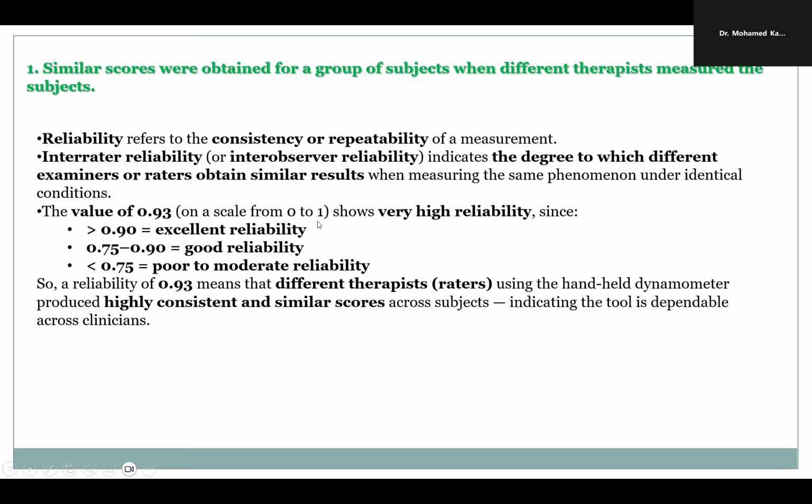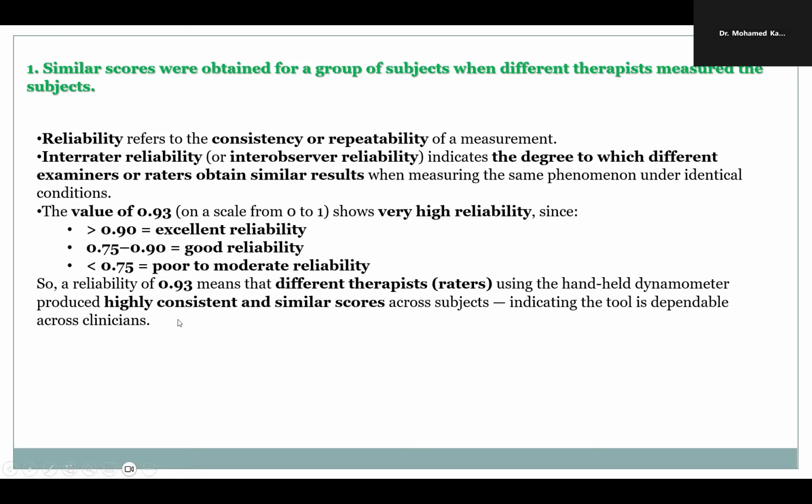So the value of 0.93 on a scale from 0 to 1 shows a very high reliability. Greater than 0.9 means excellent reliability, between 0.75 and 0.90 is a good reliability, and less than 0.75 is a poor to moderate reliability.